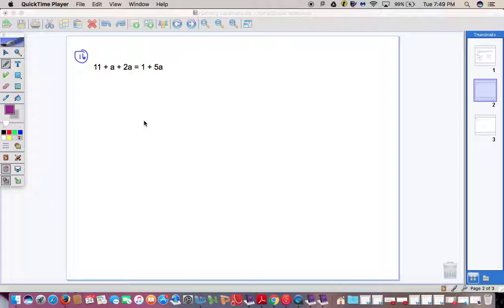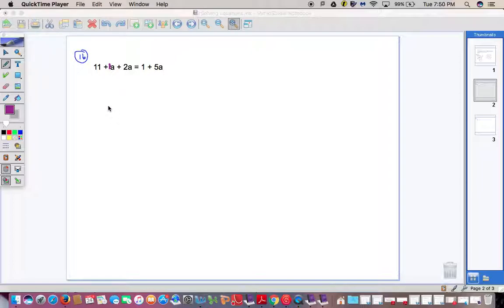Okay, so problem number 16. Step 1, simplify each side of my equation. So I currently have 11 + a + 2a = 1 + 5a. Now if I look at this, my numerical coefficient right here, I can't see it, but we assume there's always a 1. If there's no number in front of it, there's a 1 there.